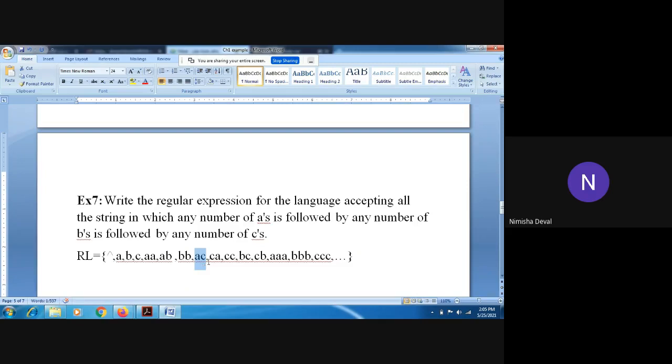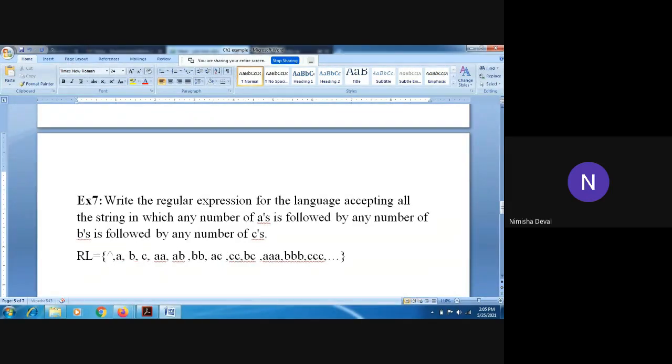That's why it's allowed, but CA is not allowed because we have changed the sequence, so we have to remove it. BC is allowed, but CB is not allowed. So you have to check its sequence: A followed by B followed by C.